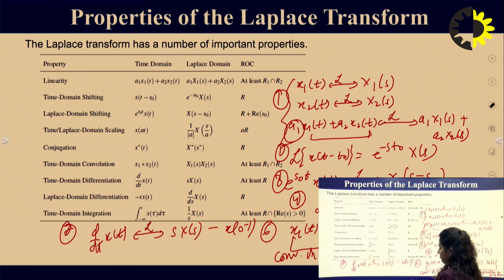Then the Laplace domain differentiation property, which is basically minus t of x(t), and this is d by ds of X(s). Similarly, the time domain integration property, that is the integral from minus infinity to t of x(tau) d tau, and the property is basically 1 upon s times X(s).